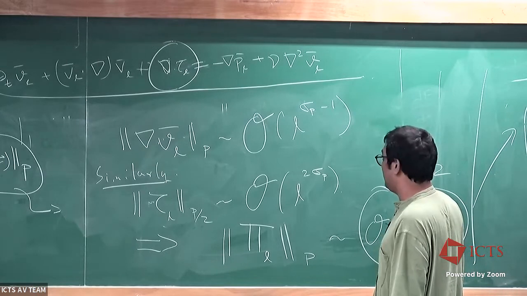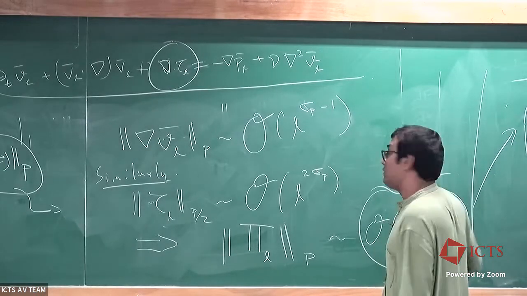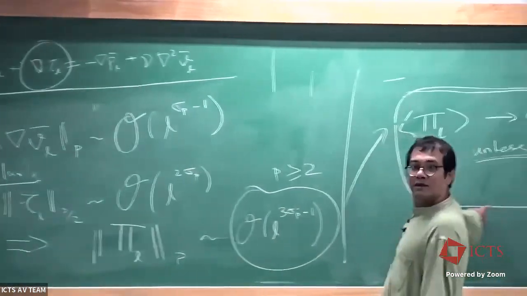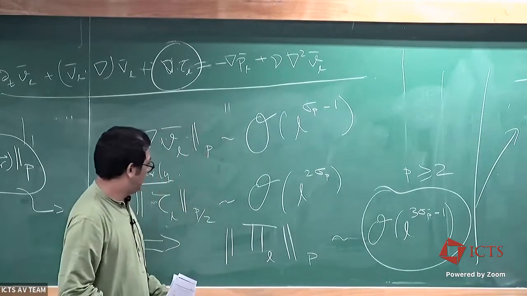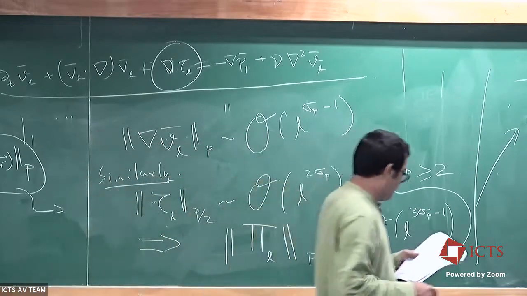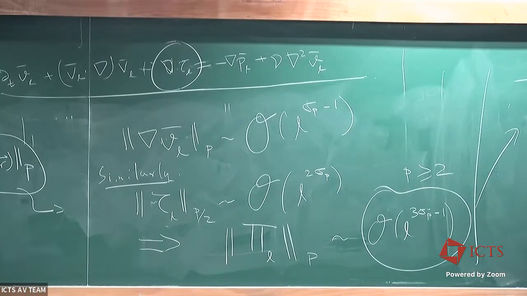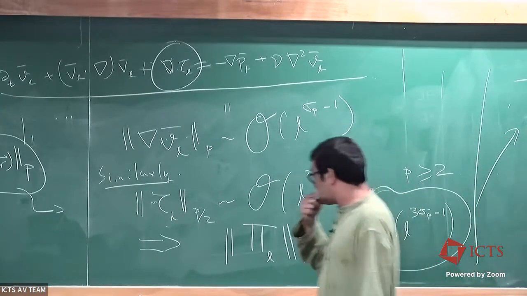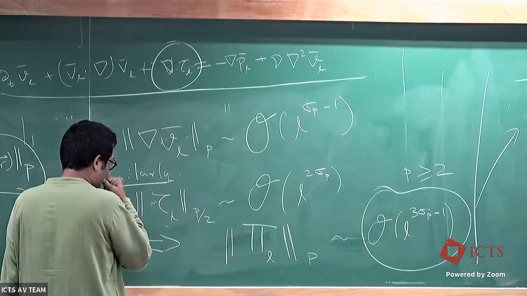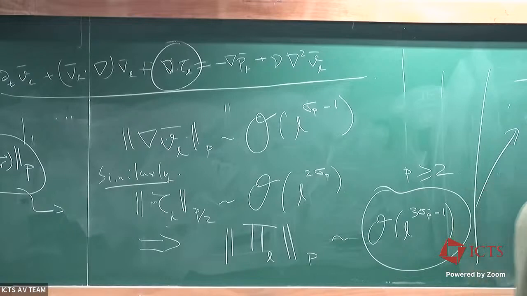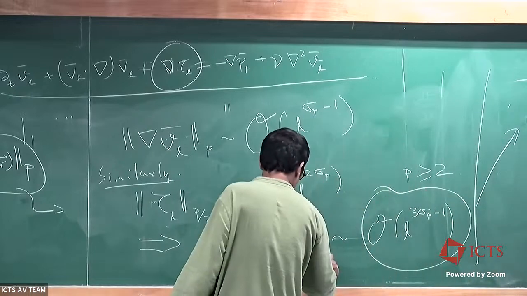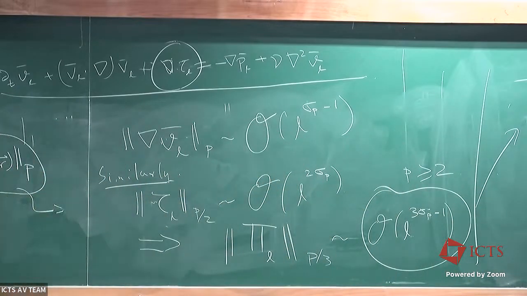Sorry, where? Second column, last line. Did I start with P by 3, right? So then P by 2 will be, okay, fine.